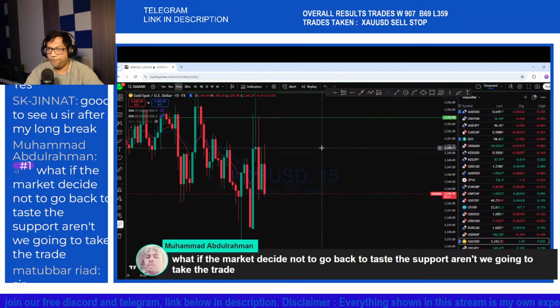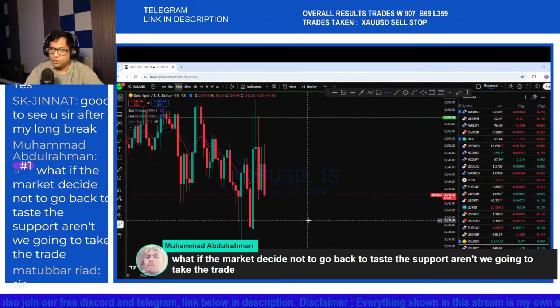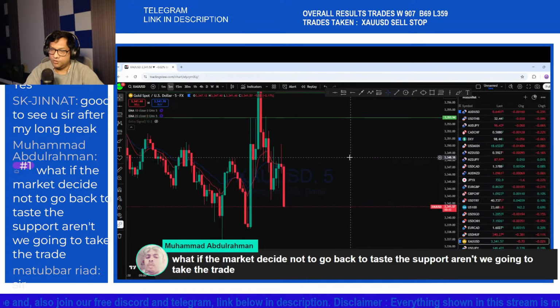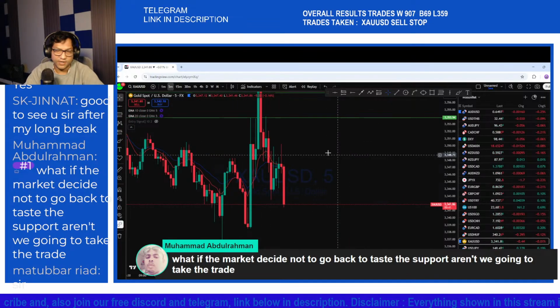Now you see that there is a 15 minutes candle closing with a long bearish engulfer crossing that high, and on the 5 minutes it is trying to drop back down here.